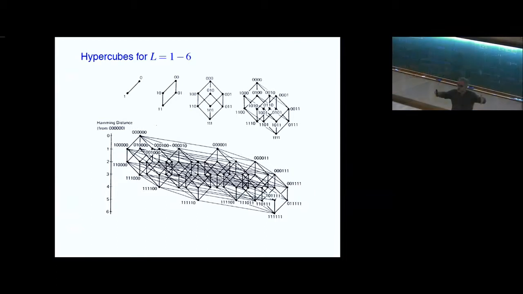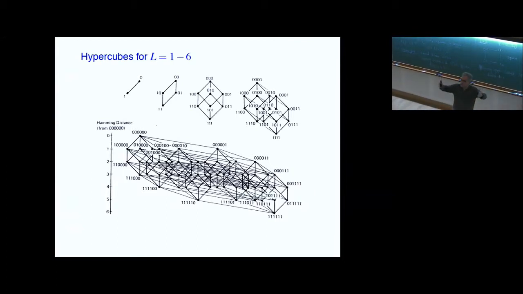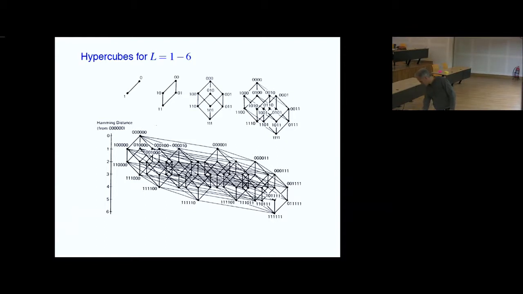At the same time, there are 2 to the L sequences, so you have exponentially many sequences, but only a diameter of L. So this becomes very highly connected, and there are things to figure out about the geometry of this space. If you're interested in this, the first exercise that I put into this problem set, problem 1, is about the geometry of these spaces.